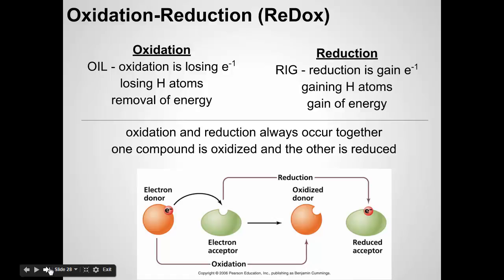So if you have here an atom that's going to be giving away an electron, it's losing an electron, so it's being what? Oxidized. That electron needs to go somewhere. It doesn't just hang around, it goes somewhere. This thing that accepts it is being reduced. It's gaining an electron. So think of it, its charge is being reduced. So that's what we mean by oxidized and reduced.